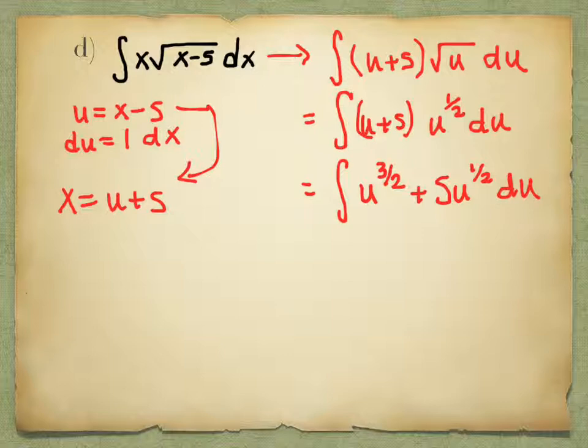Absolutely we can. So what is the integral of u to the 3/2? Okay, 2/5 u to the 5/2, right? So we increase that exponent, which is 3/2, by 1, making it 5/2. And then we divide by the new power of 5/2, or multiply by the reciprocal 2/5.